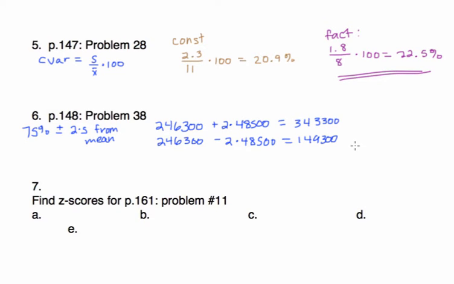So we know that 75% of our data values will fall in between 149,300 and 343,300.